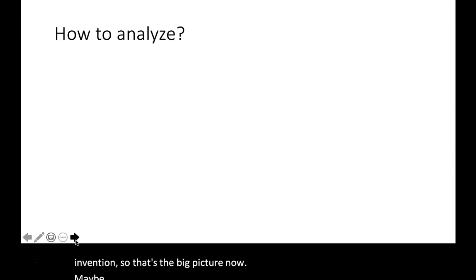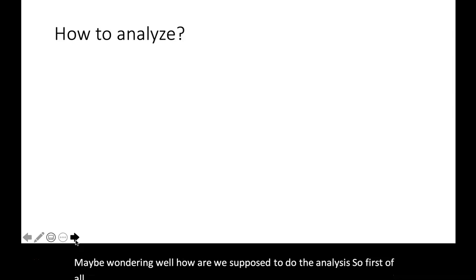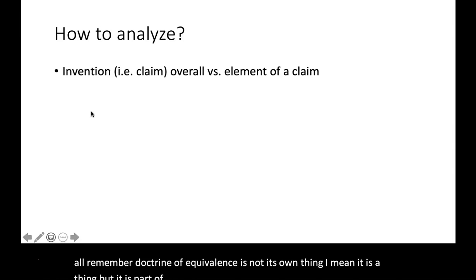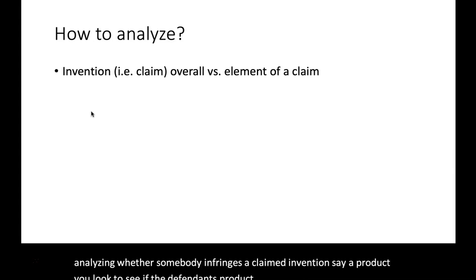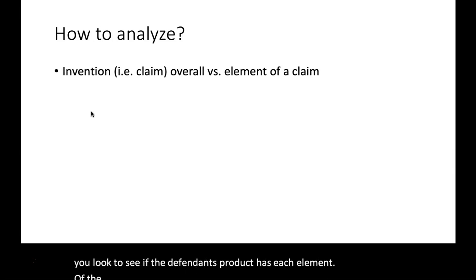Now, you may be wondering, how are we supposed to do the analysis? So first of all, remember, the doctrine of equivalence is not its own thing. I mean, it is a thing, but it is part of the regular infringement analysis. So when you are analyzing whether somebody infringes a claimed invention, say a product, you look to see if the defendant's product has each element of the claim. You're not looking to see if in general they're the same.